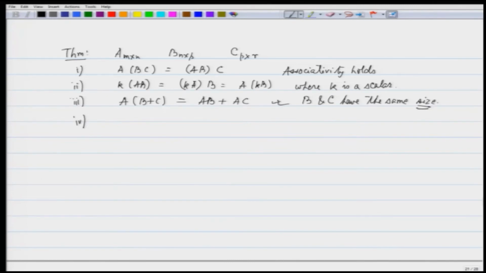The fourth thing that I would like you to understand is this: now I want to take A as a square matrix, n cross n.